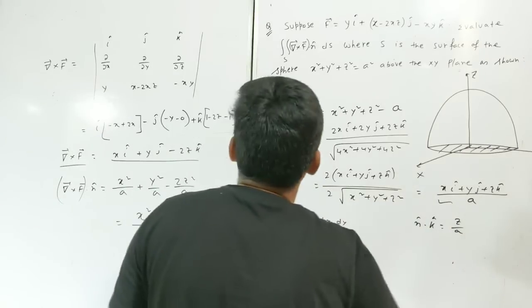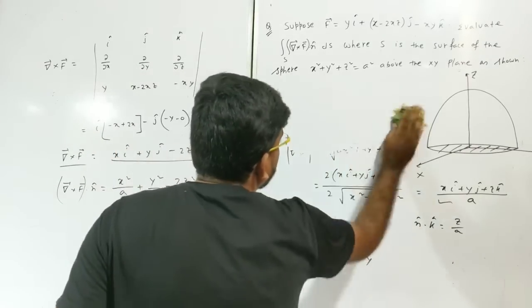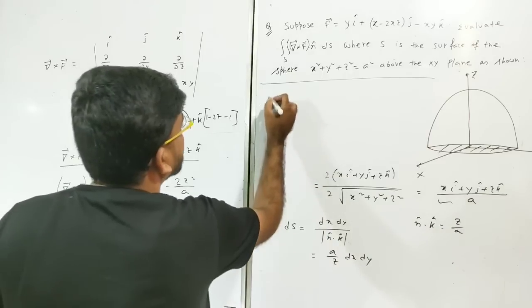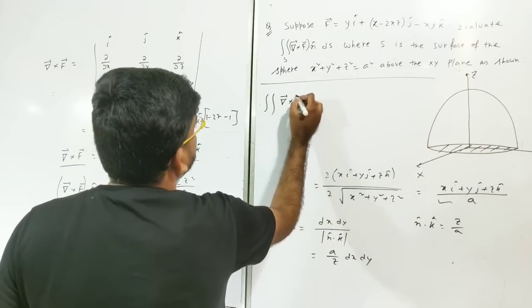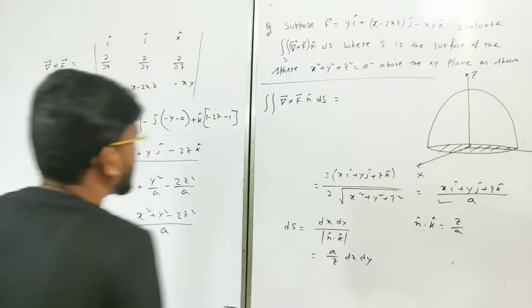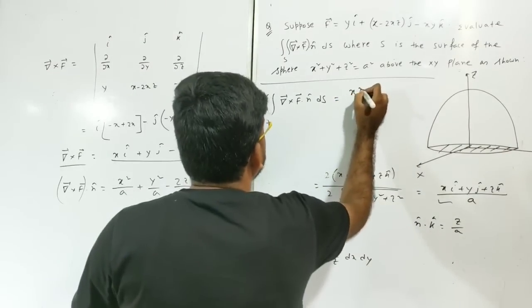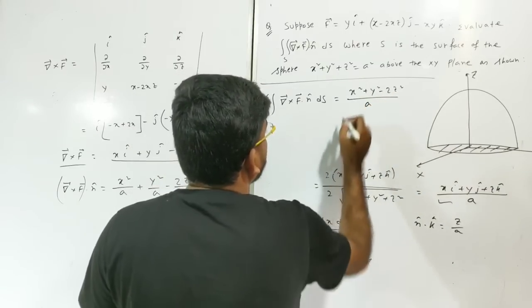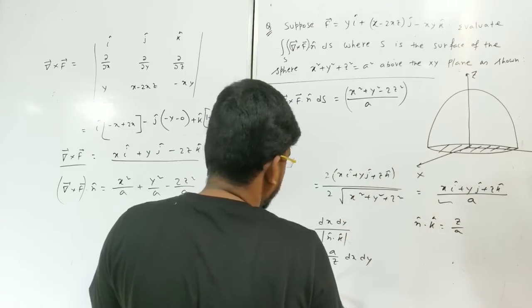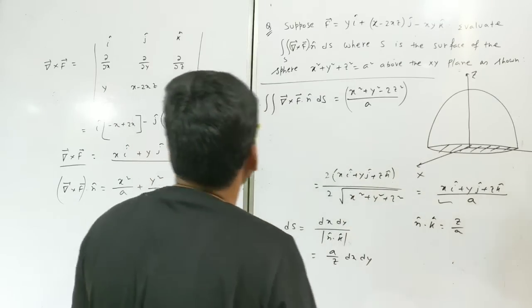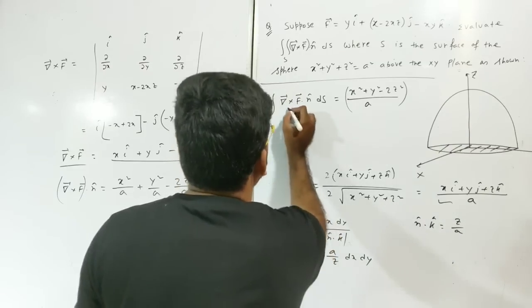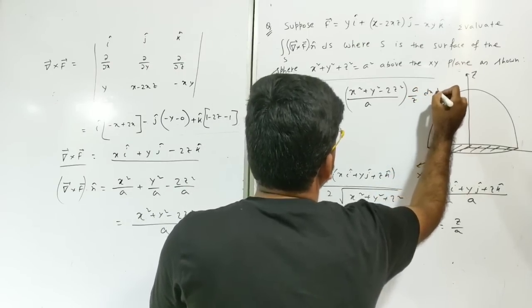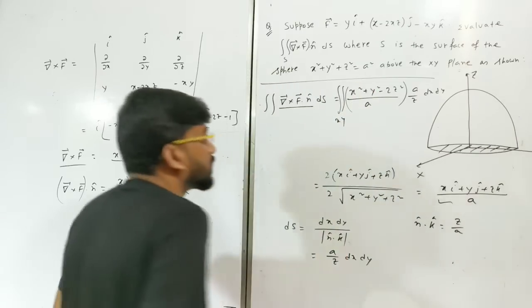So curl of f dot n cap ds is equal to x square plus y square minus 2z square divided by a, and ds will be a by z into dx dy. So our integration is now on the xy plane.